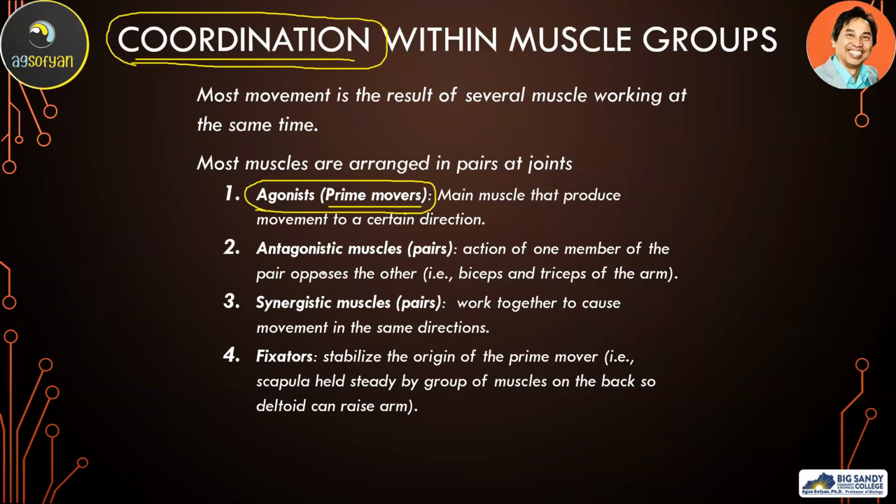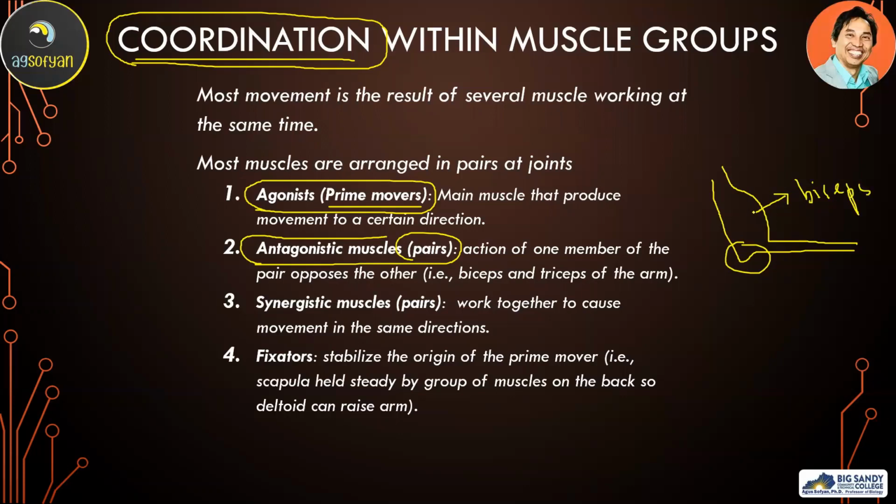The antagonistic muscles are going to be paired muscles. These are two or three or four muscles that work in opposite ways. So if one muscle contracts, the other muscle should be relaxed. For example, when we talk about the elbow joint, you have a muscle over here called the biceps in the front.